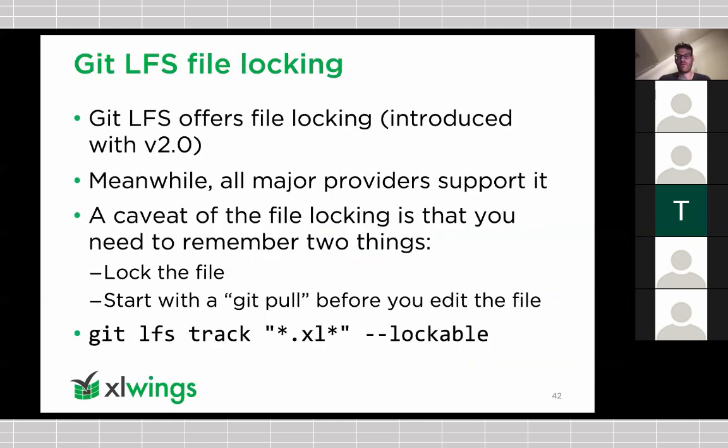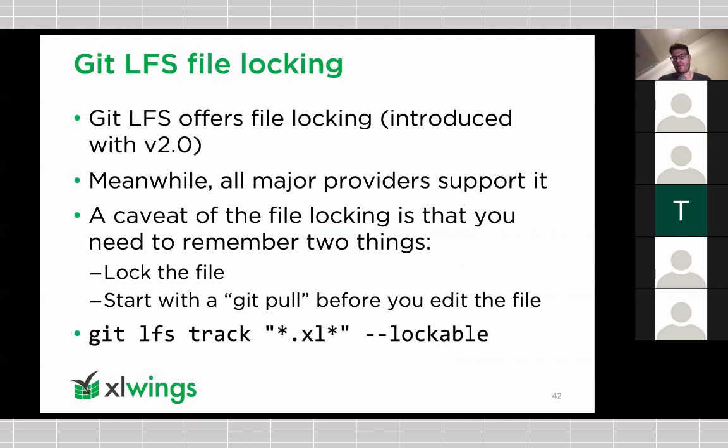Another, more formal way of dealing with it would be to use Git LFS that we've just introduced before. Git LFS actually does include a file locking mechanism. And the good part is that meanwhile, all major providers like GitHub, GitLab, and so on, do provide that feature, which wasn't the case a year ago.